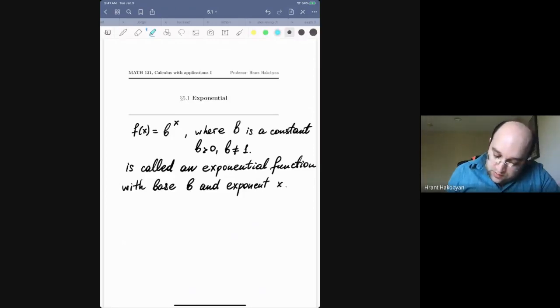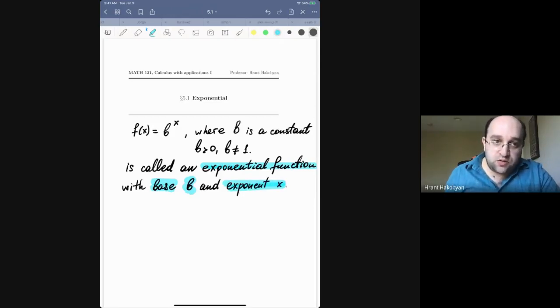So that's the exponential function: the base is this number b here, and the exponent is whatever you have in the power.